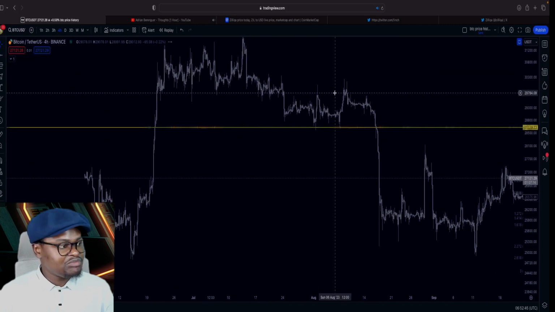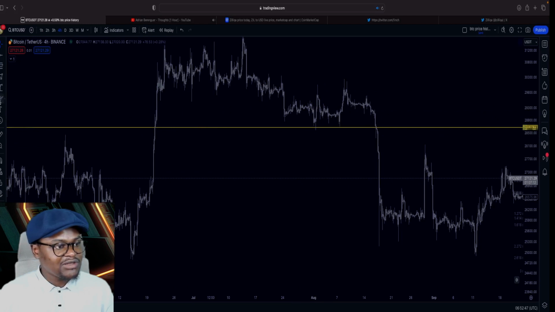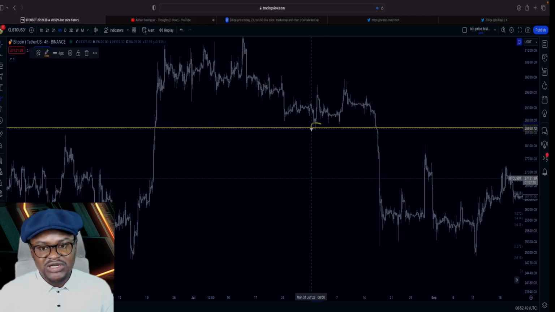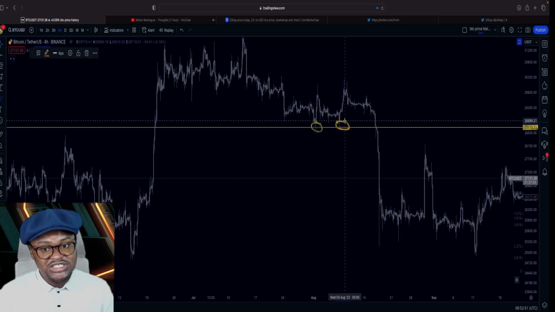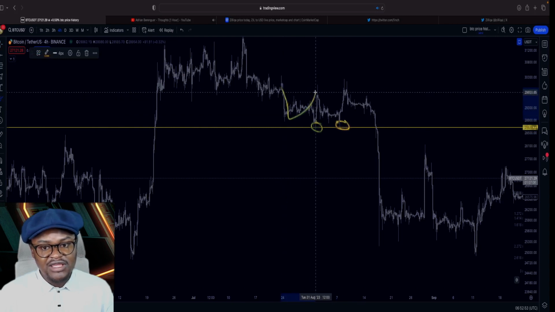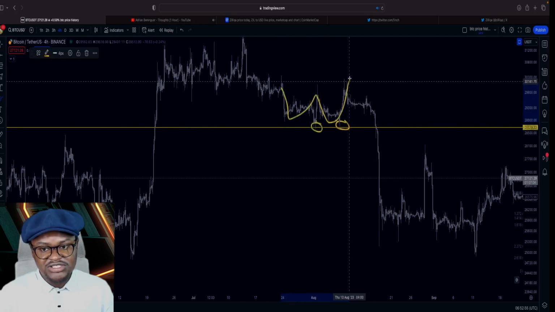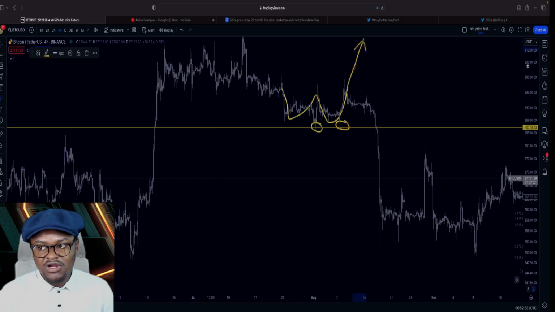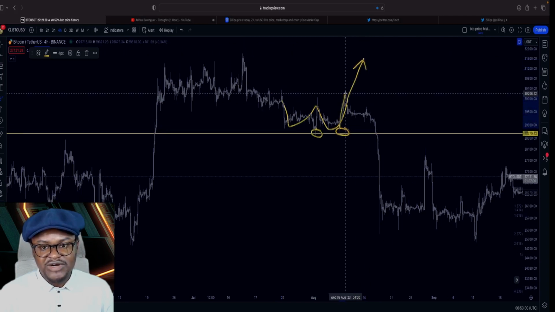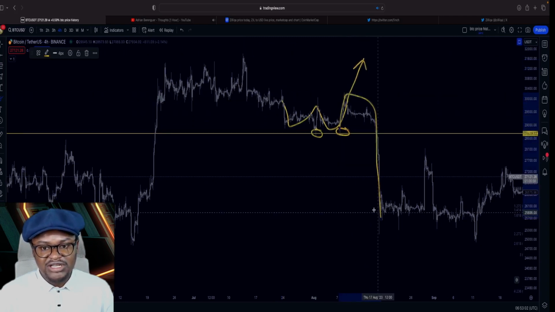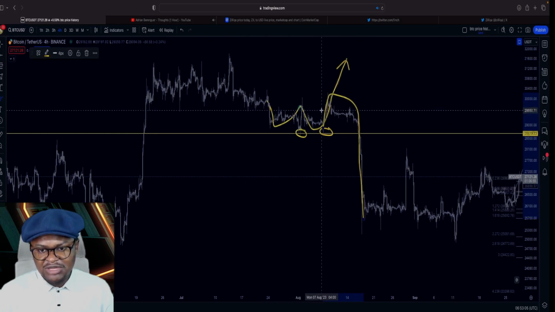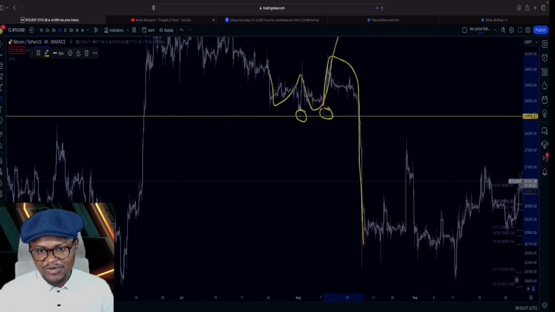So we have some people who may have bought around here hoping that price goes back up, and it did go up. They thought that okay, this is a double bottom, yes, so we will go like so, but we didn't. We just turned around and plummeted like so, and this is somewhat the same structure that we can see from here.